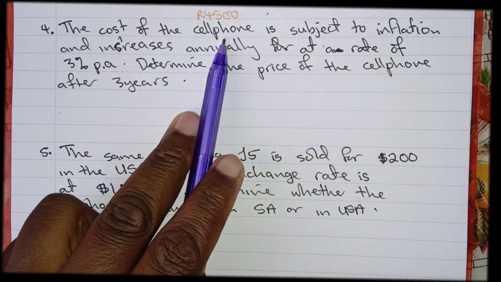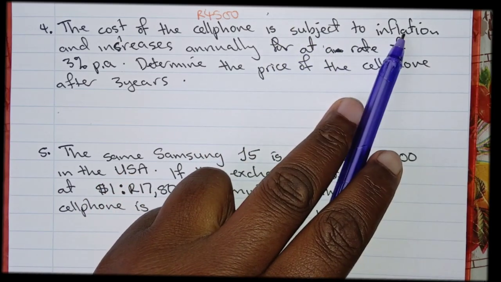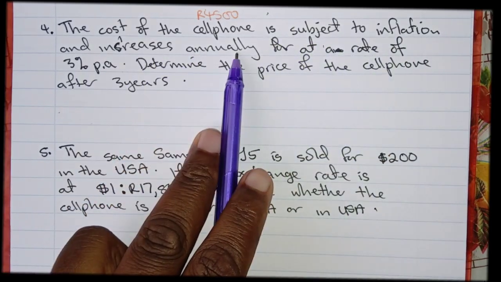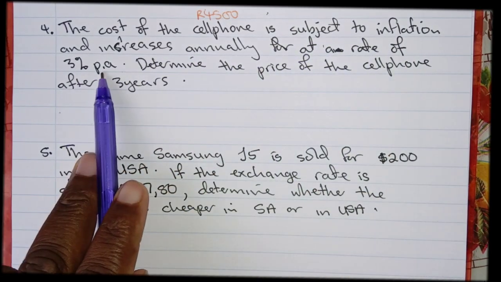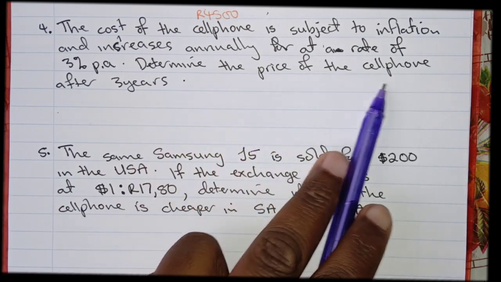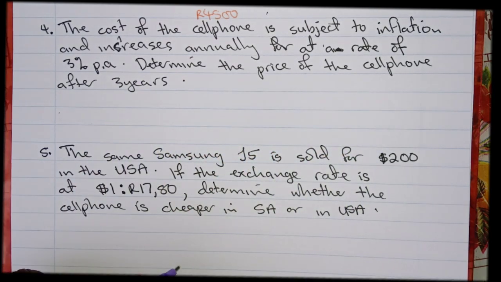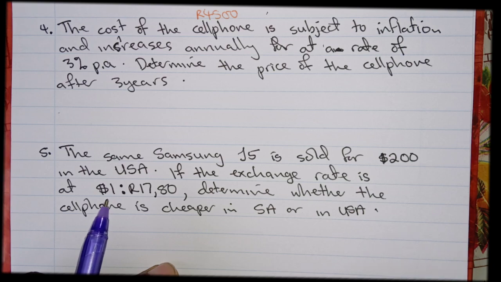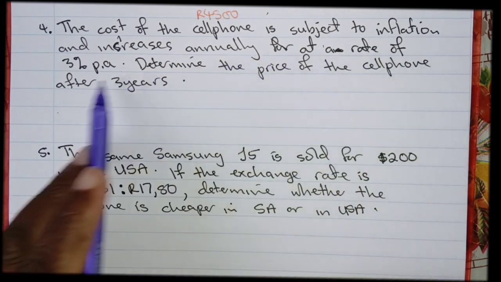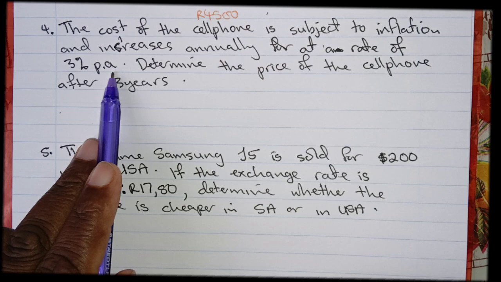The cost of the cell phone is subject to inflation and increases annually at a rate of 3% per annum. Determine the price of the cell phone after 3 years. Remember, inflation is the increase of price, the continuous increase of price, right, over time. So we are given that the increase here is happening at a rate of 3% per annum.